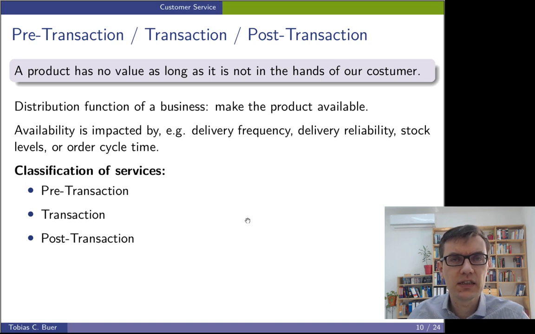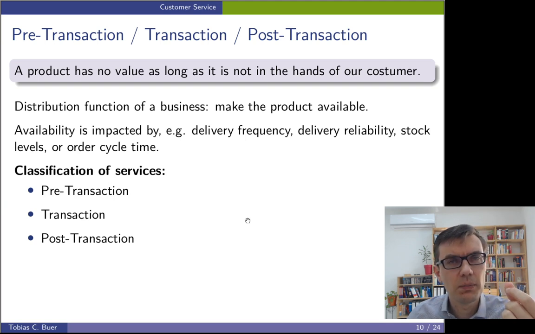If we sell cars and we produced a lot of cars, they are in our big yards, or maybe they are on a train, on a ship to get closer to our customer's destination, or the car is with our car dealer in the nice showroom. All these things don't matter in terms of value.